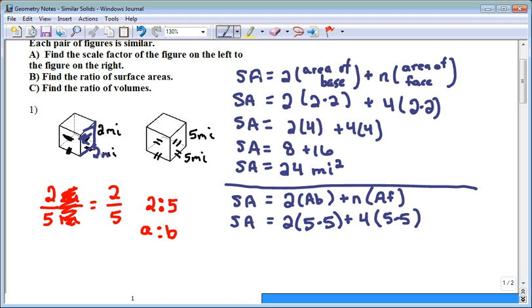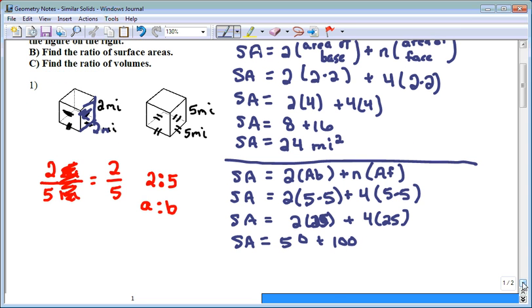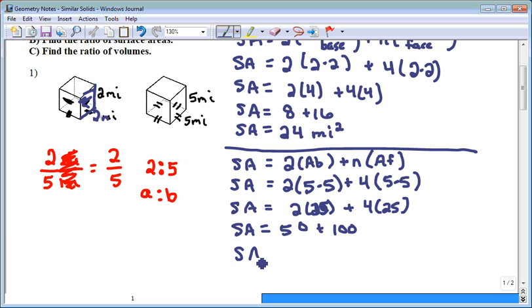Once again, we're dealing with cubes here. So 5 times 5 is 25, which gives us 150 miles squared for our surface area.